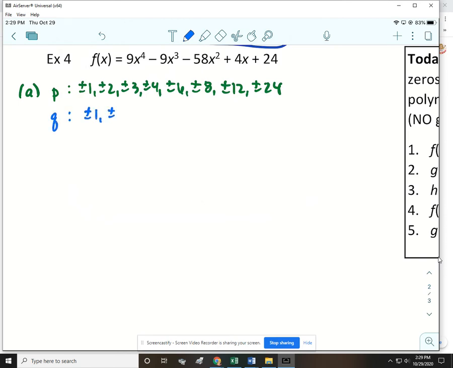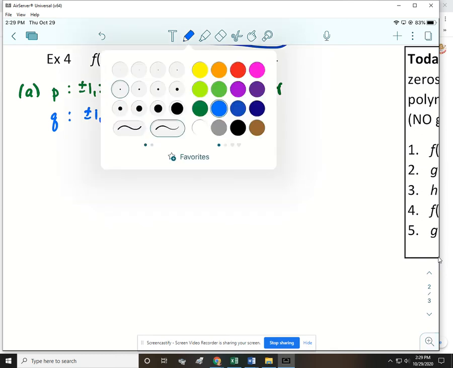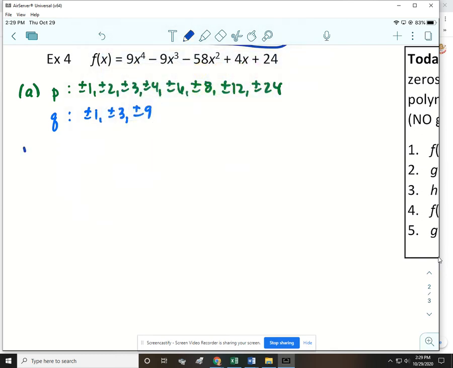There's several there also. So then we're ready for the possible rational zeros, which is going to be all your P's over 1, all your P's over 3, all your P's over 9. So all your P's over 1 is just that original P list.